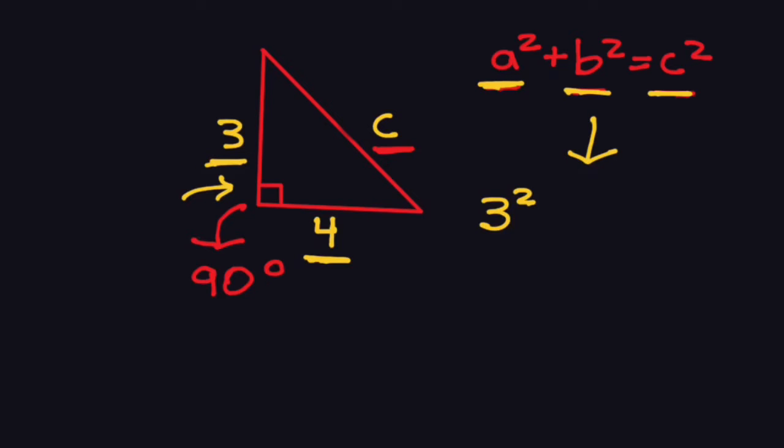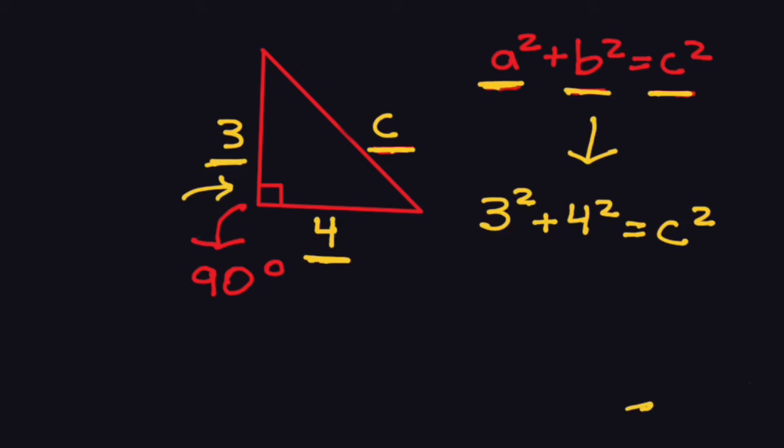So now we have plus 4 squared instead of plus b squared. And we know that the hypotenuse is c, the longest side. However, we don't know what c is, so c is going to stay as c squared. So now we have the formula 3 squared plus 4 squared is equal to c squared.